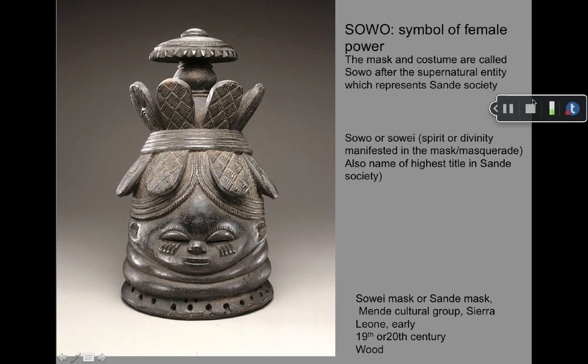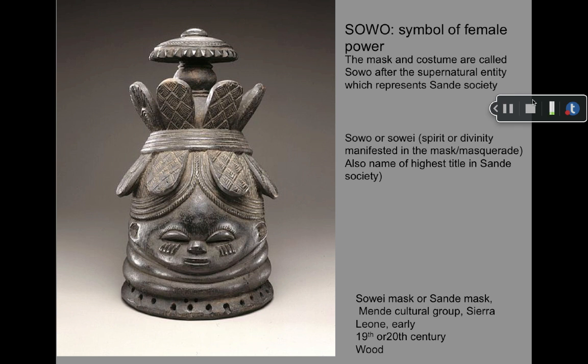Alright, so the mask itself is called a Sowo. This is a symbol of female power. The mask and the costume are called Sowo, after the supernatural entity which represents the Sande Society and enters into the performance. So the Sowo is basically a spirit or a divinity that's manifested in the masquerade, in the performance itself.